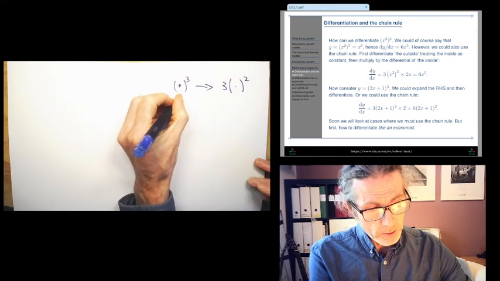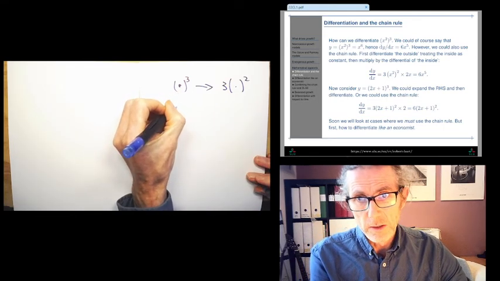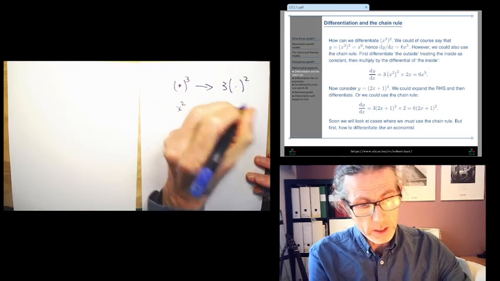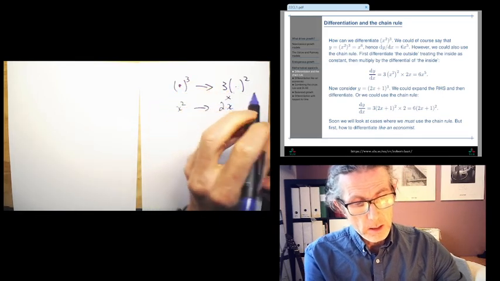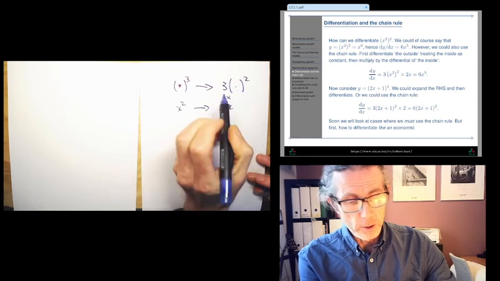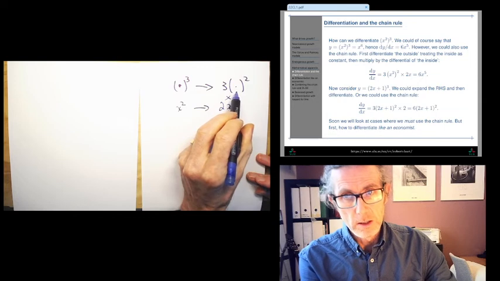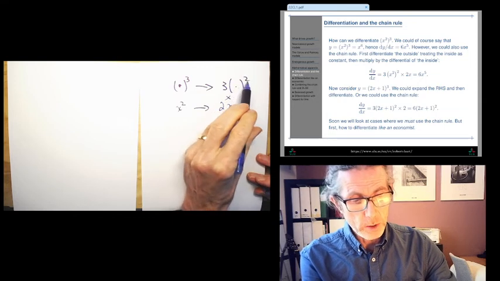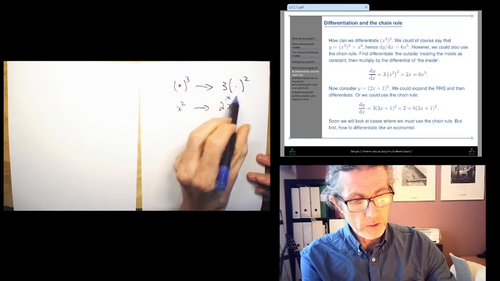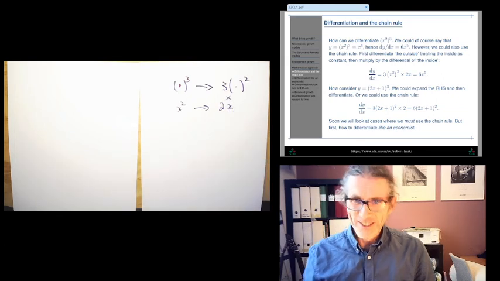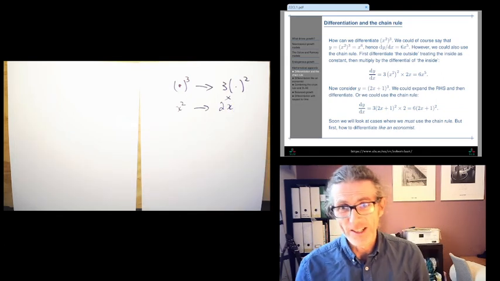But then we go to the inside, which was x squared, and differentiate that, and we get 2x. And according to the chain rule, the overall result will be 3 times x squared squared times 2x, which is 6x to the fifth. Okay? I'm just trying to convince you that the chain rule actually works.